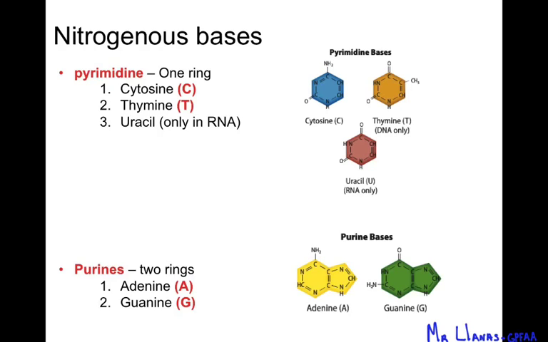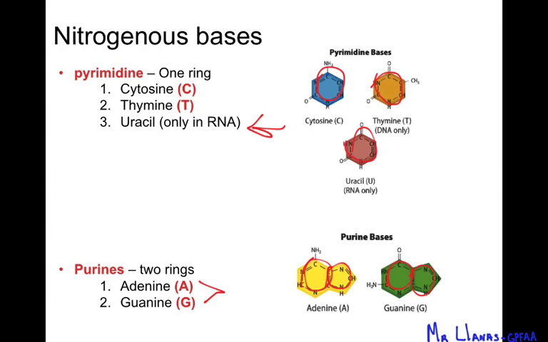Pyrimidines have one ring, but purines, which are A and G, have two rings. So C and T have one ring, and A and G have two rings. The special case is uracil, a nitrogen base only found in RNA, and we'll talk more about uracil later on. But these are the types of bases that DNA has.